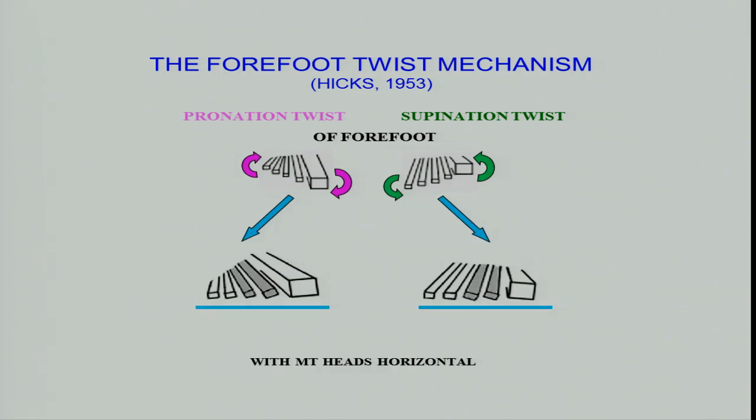But if you just rotated his twist and made the metatarsal heads horizontal, then one had a mechanism for pronation and supination twist of the midfoot, or at least a mechanism that would compensate for pronation and supination in the midfoot to keep the metatarsal heads level.